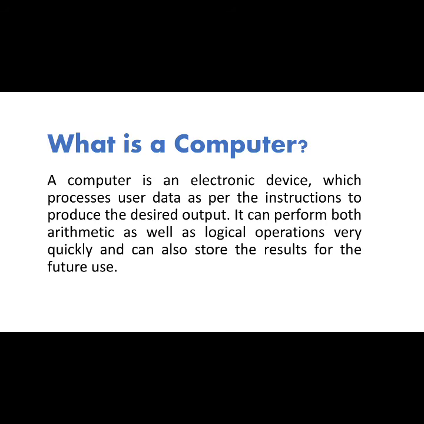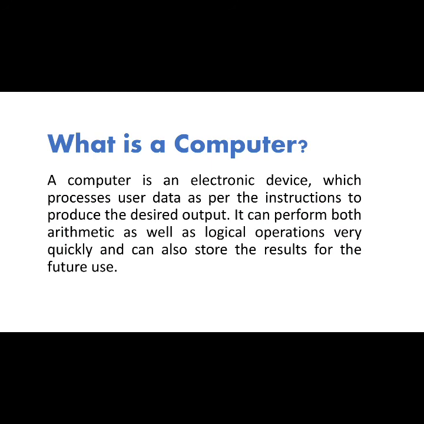What is a computer? Students, I would like to tell you about definitions of computer. A computer is an advanced electronic device or machine which takes some input or instructions from the user and then performs arithmetic and logical operations.